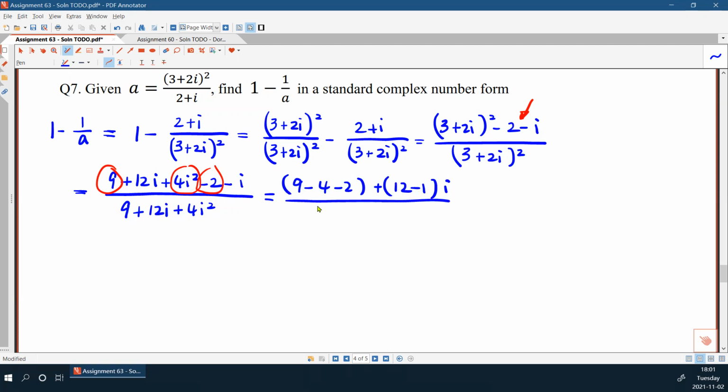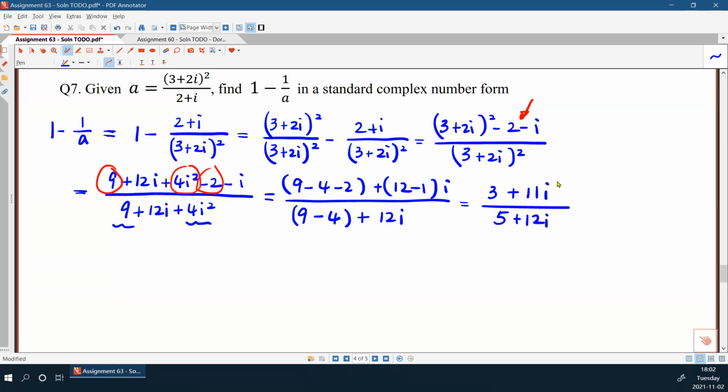And for the denominator, 4i squared is a real number and 9 is a real number. So the real part is 9 minus 4, then plus 12i, right? The next step, the numerator becomes 3 plus 11i, and the denominator is 5 plus 12i, right?